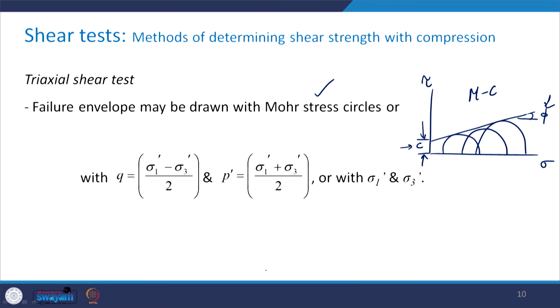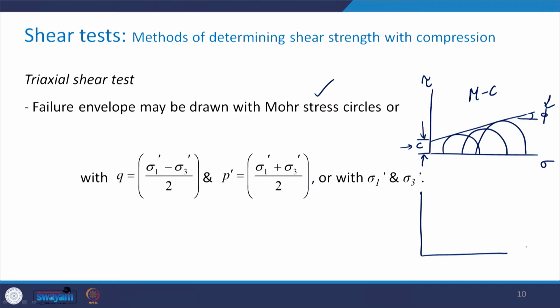Now, a similar thing can be determined using the stress path method. How? In the case of the Mohr circle, the state of stress is represented by a circle, while in the stress path method, the state of stress is represented by a point.